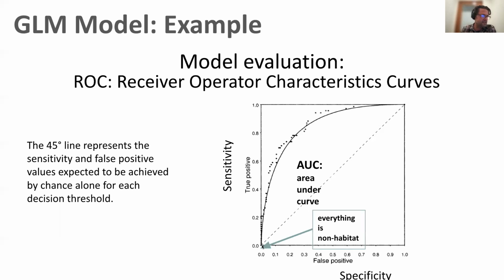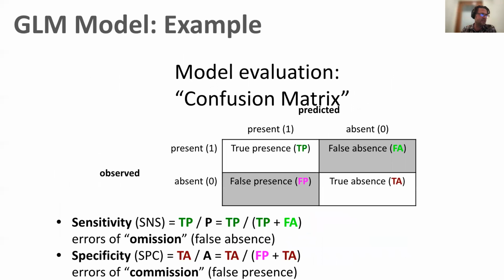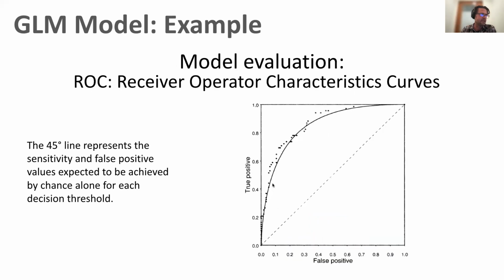And if you start down here, the cutoff value would be 0. So if you say, okay, everything's 0, and then as you increase that threshold, you're basically covering the entire study area at some point.